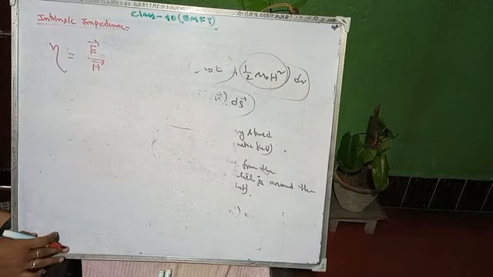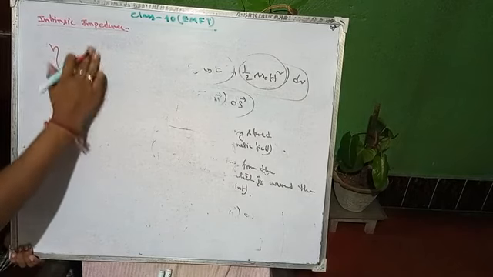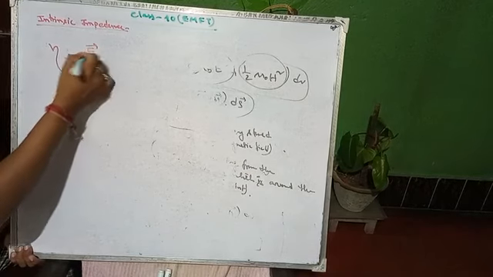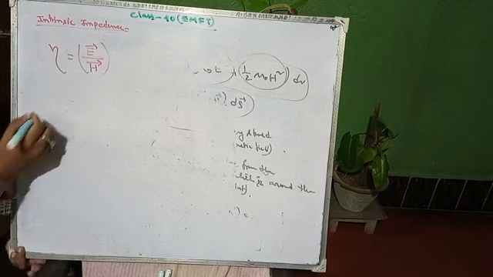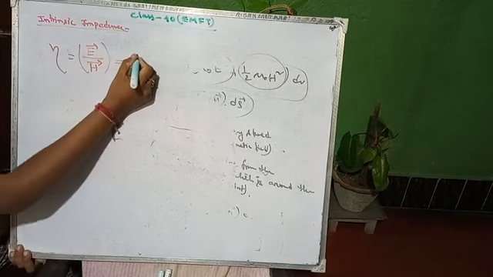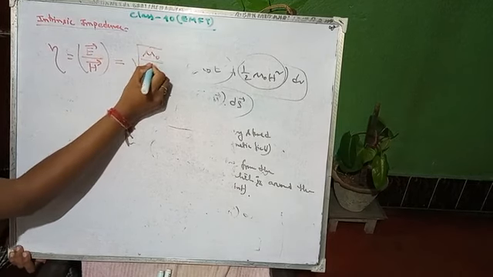Or the characteristic impedance of a non-conducting medium. So this is the intrinsic impedance ratio, or you can also write it as root over mu naught by epsilon naught.